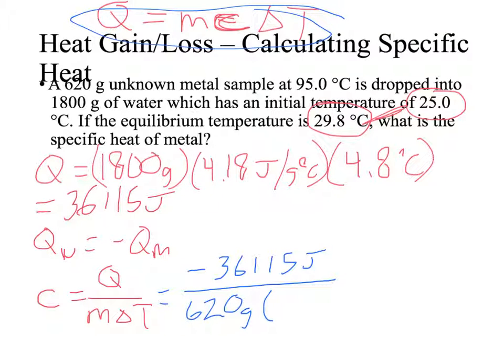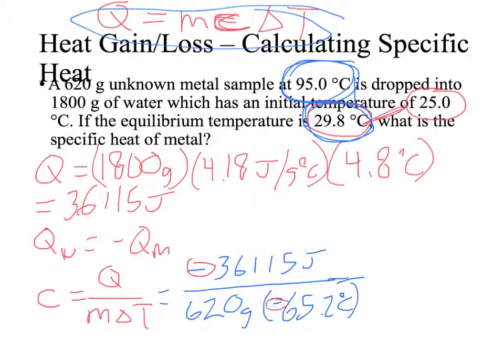And the delta T is what? Well, 95 degrees is what it started at, and it ended at 29.8. So it cooled off, and it went down by 65.2 degrees Celsius. Now, if you notice, there's a minus sign up here and a minus sign down here.